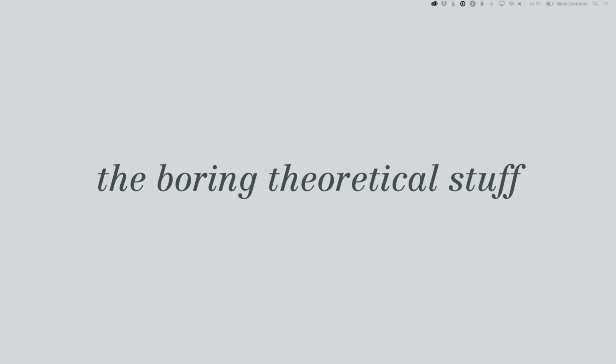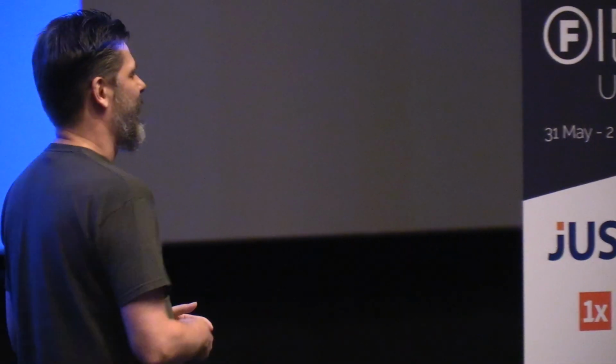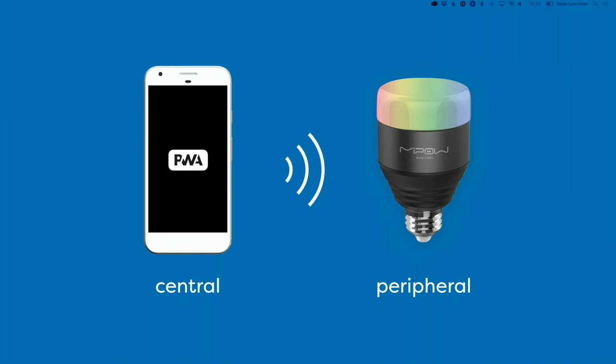So first, I'm sorry, we're going to talk about the boring theoretical stuff. The fun has to wait a little bit longer. When we're talking about Bluetooth devices, we're talking about central devices and peripherals. The central device is a device that can connect to peripherals, like your phone.